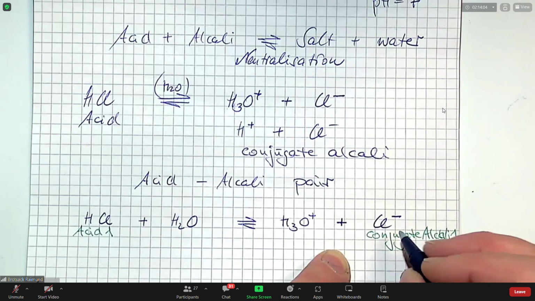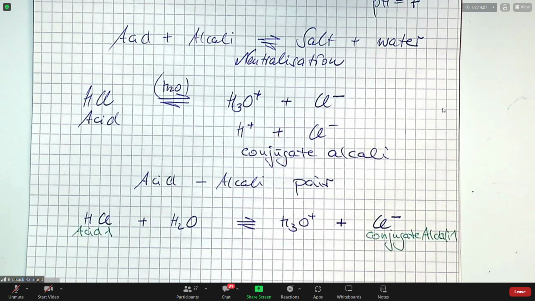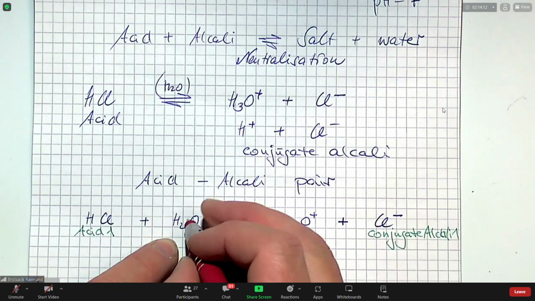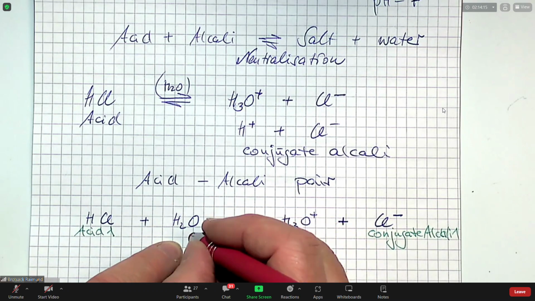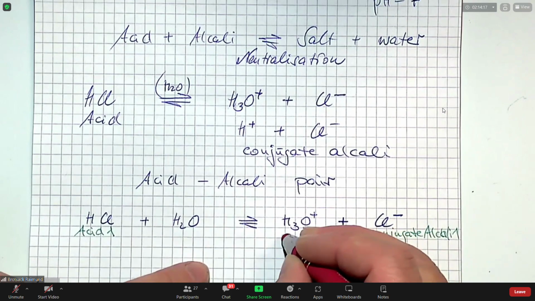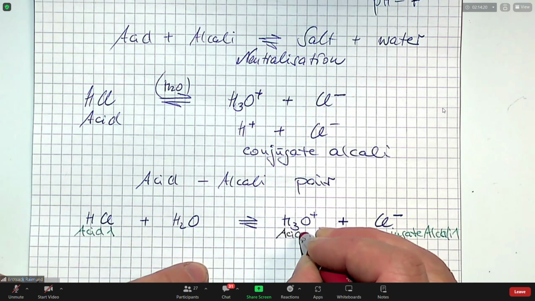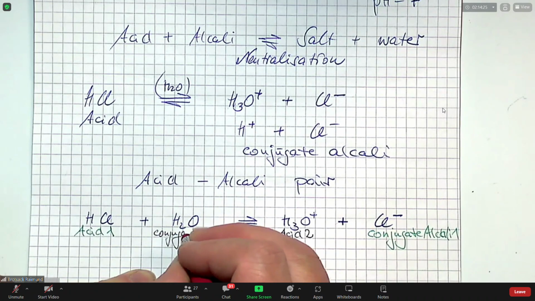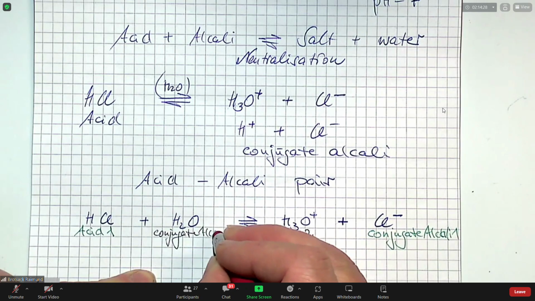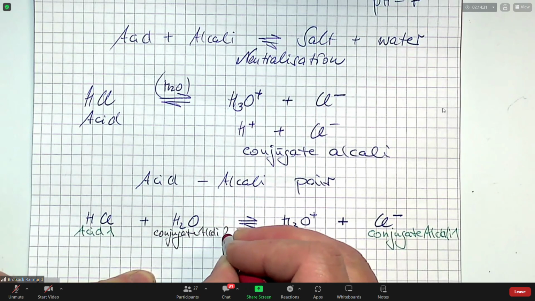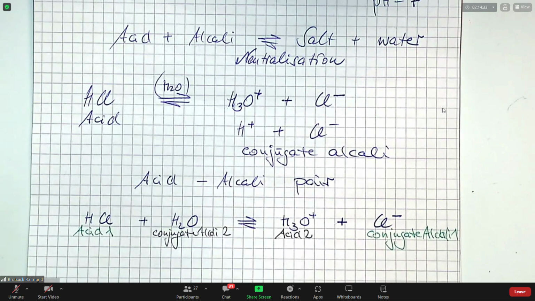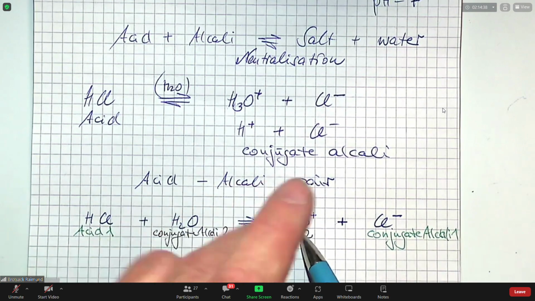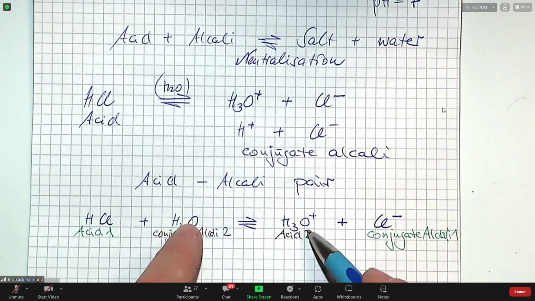And this one is now the alkali 2, or here, let's say that is the acid 2. And therefore we have the conjugate alkali 2. So here, this is the acid alkali pair, and vice versa, the acid alkali pair.